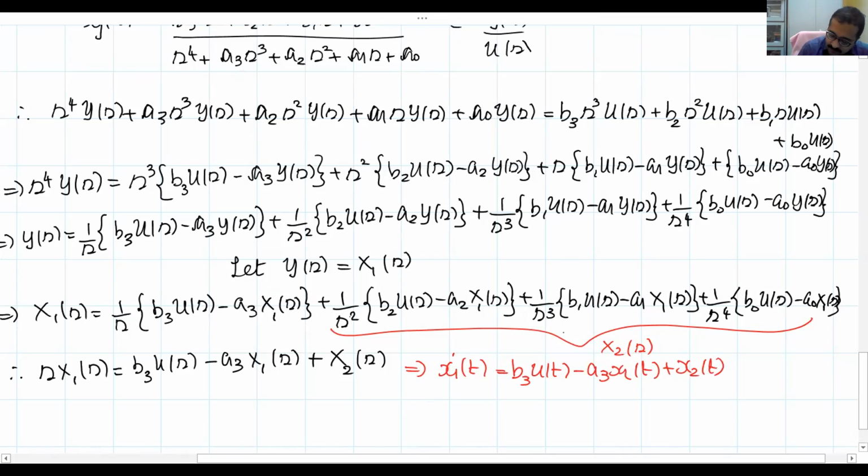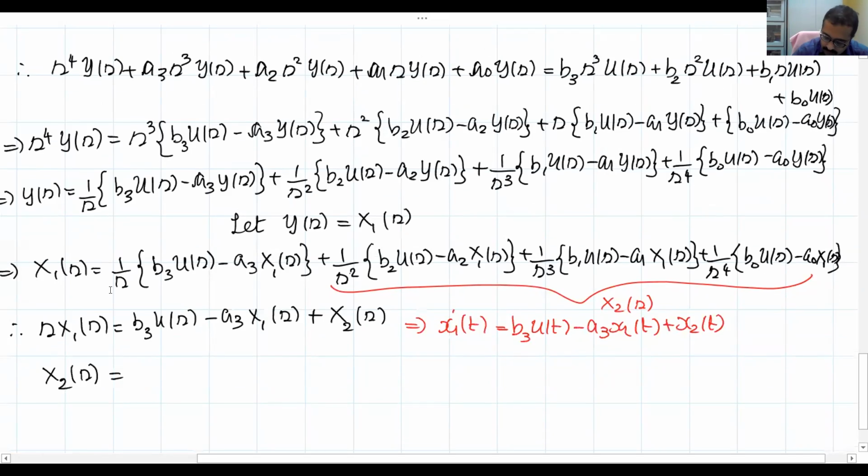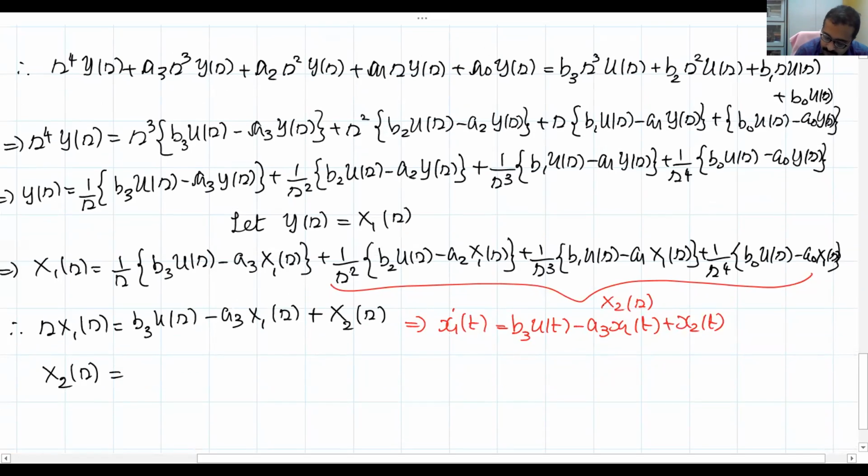Now this is my x2 of s. So x2 of s is what? This expression by itself is x2 of s by s. Okay, when you multiply throughout with s, this becomes x2 of s.